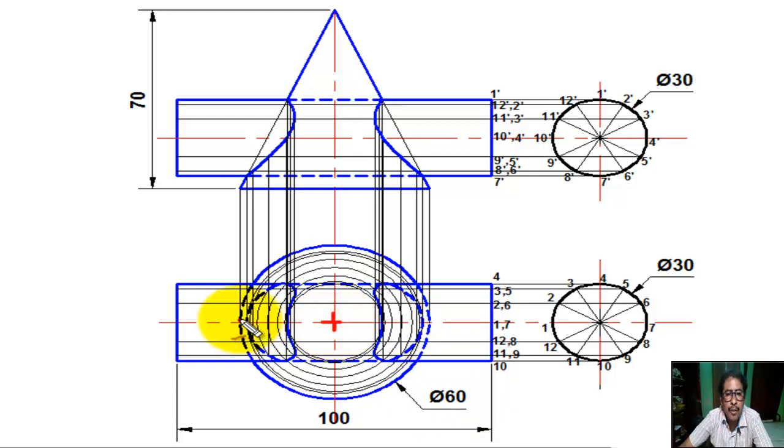This circle diameter is 60 millimeter. Draw the x-axis and the y-axis.